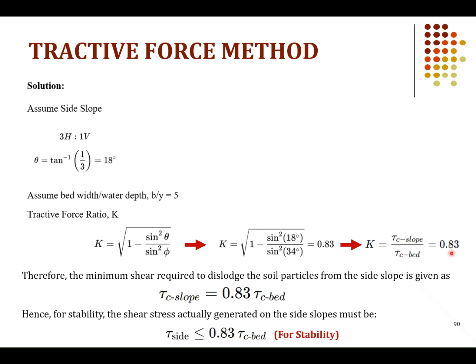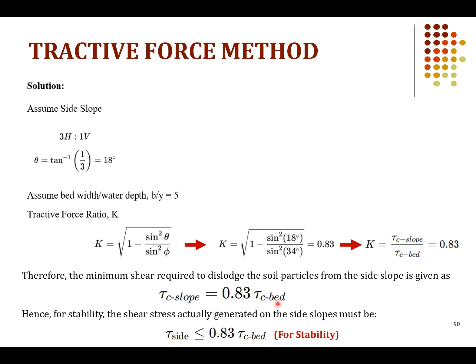So that is 0.83. If you rewrite this, the minimum shear required to dislodge the soil particle from the side slope is given as this. You move the tau C bed to the other side, so you get tau C for the slope equals 0.83 tau C bed.